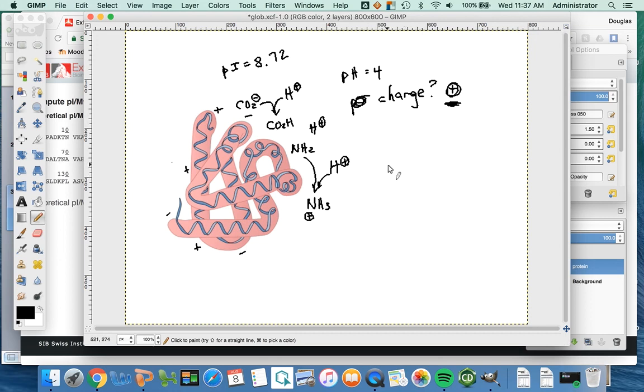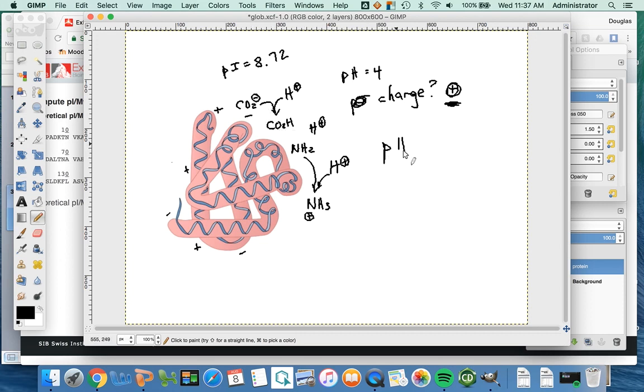Now, if we put this at a pH of 10, the opposite of these reactions are going to occur. The pH of 10 is a more basic environment, so it's going to tend to remove protons from my protein. Therefore, things like NH3+, we're going to remove that proton, make it neutral. Protonated carboxylic acids are going to become negatively charged.